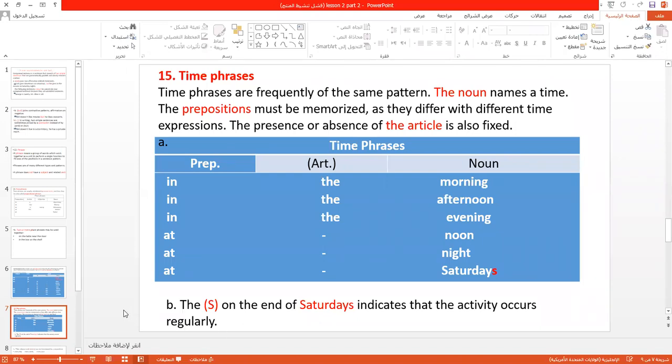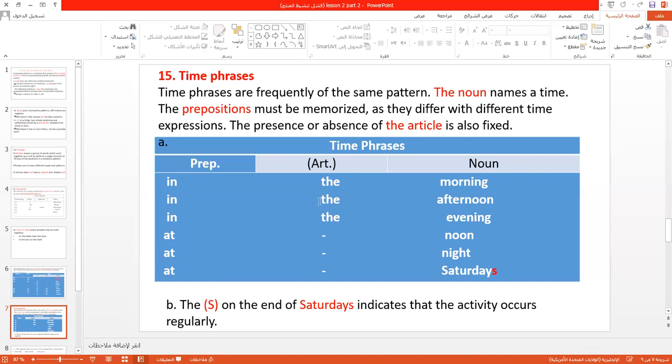Good, very good. So these are time phrases, and you must memorize the prepositions, please. Sometimes there is the definite article, and sometimes there is no definite article. Morning has the definite article and the preposition in.